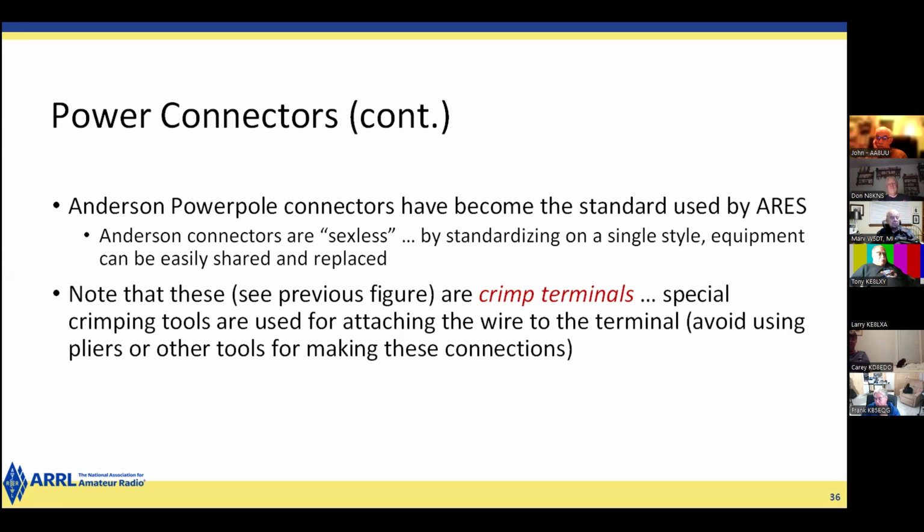The thing I ran into with Powerpoles that I don't like, but you got to live with, is you don't buy them by the size of wire you're using. You don't buy it for like a 10 gauge or 12 gauge wire. You buy it by some kind of size standard.